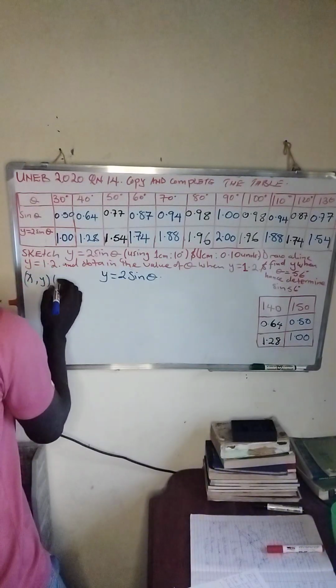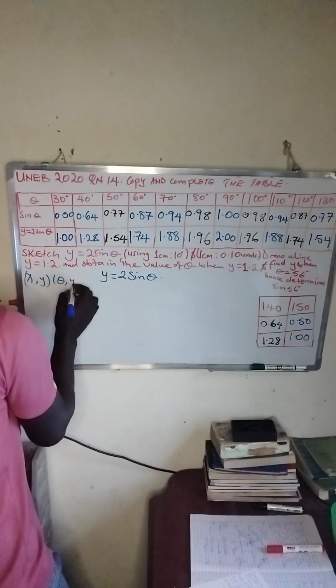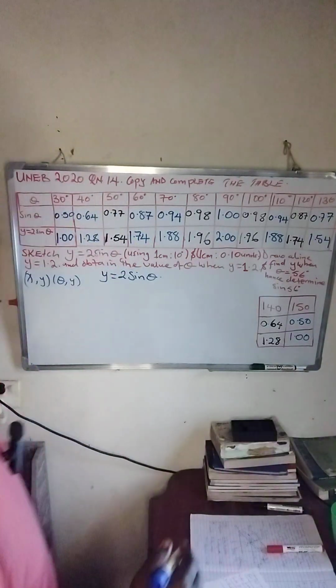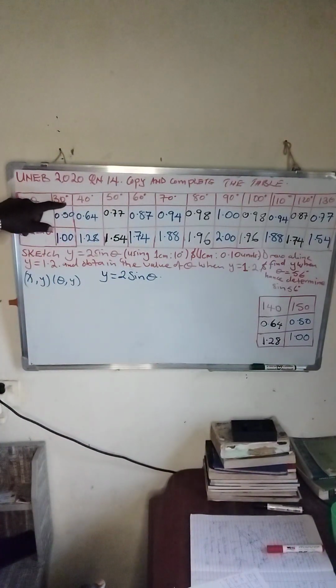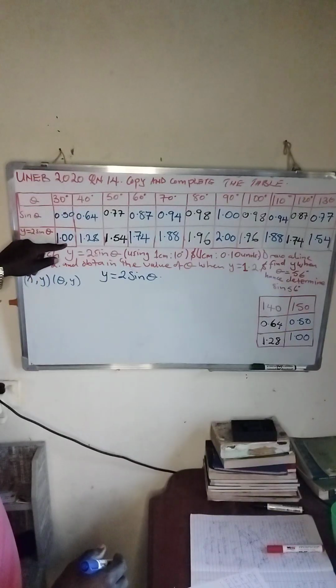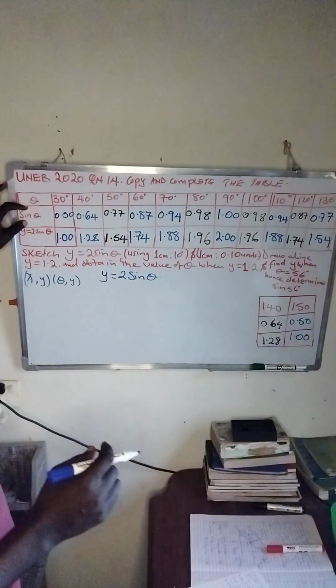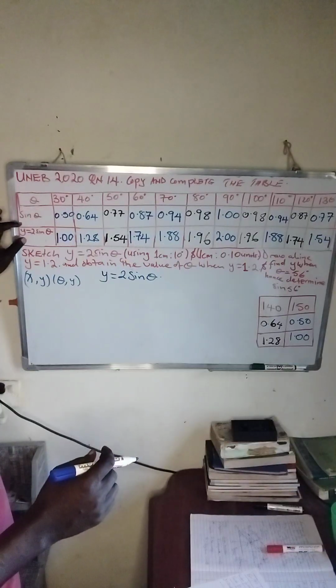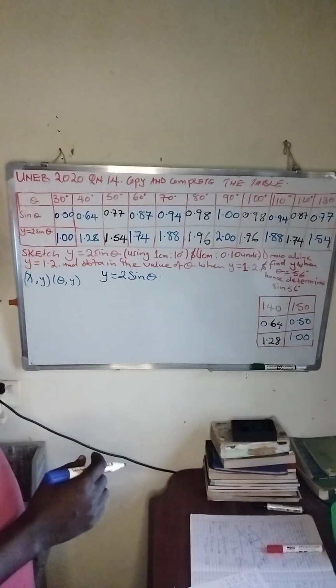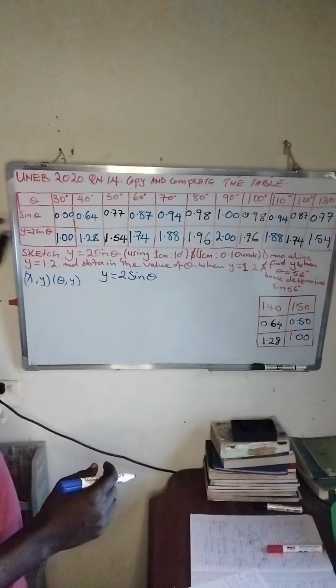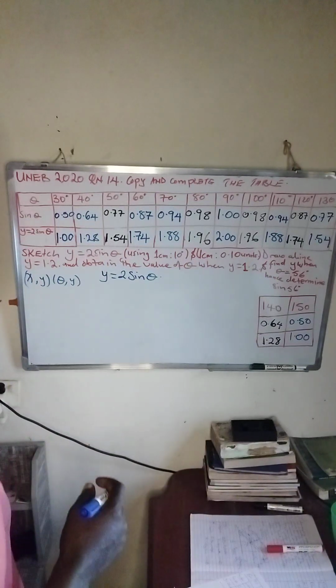For this case, we are going to be having the theta values and the y values. Don't go there and sketch sine theta against y. We sketch theta against y equals 2 sine theta.